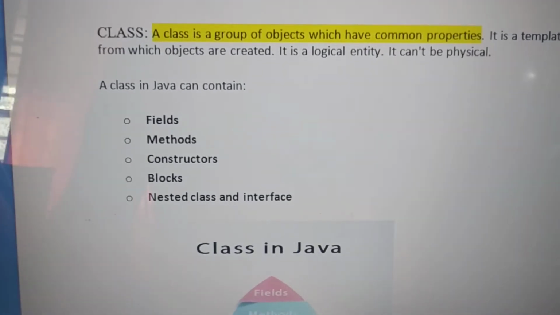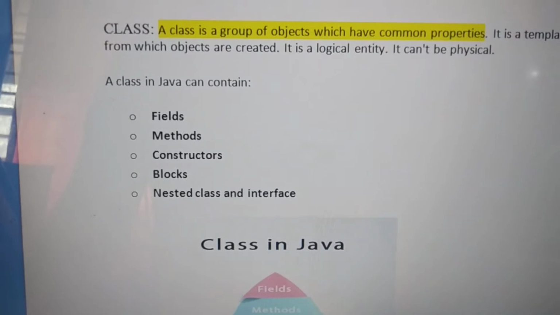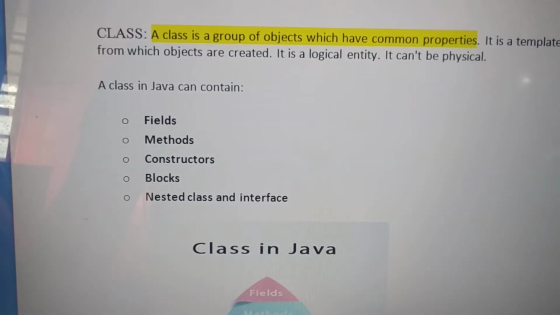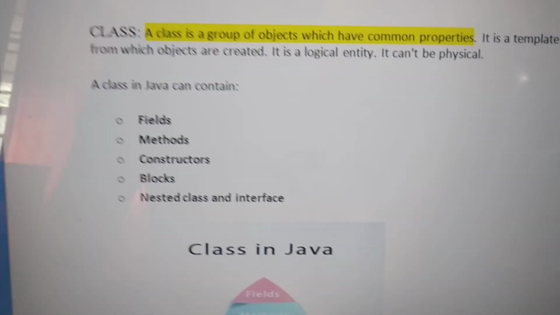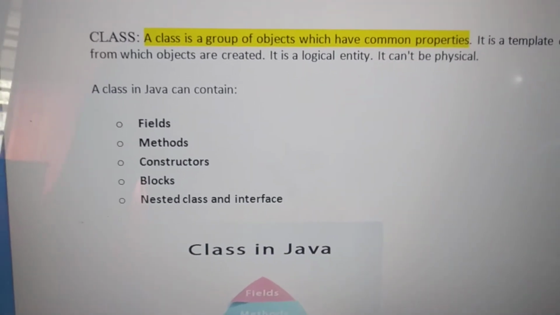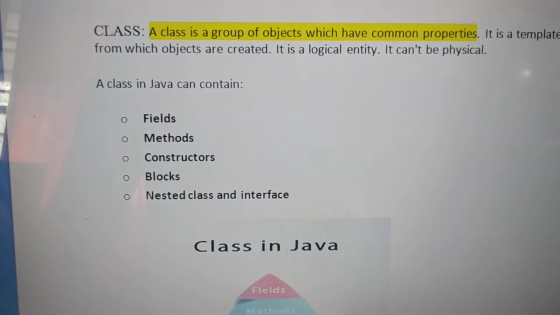Fields can also be known as variables. The second one is method. Method is also known as function, and the third one is constructor. Though you have to study constructor in class 10, we will just get a rough idea. And the fourth one is what?